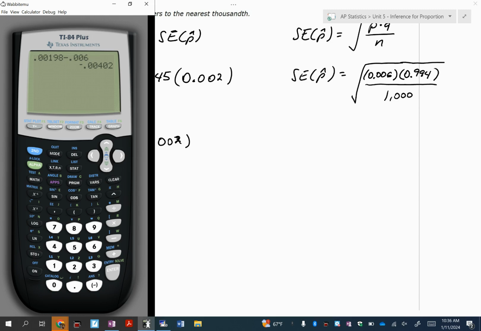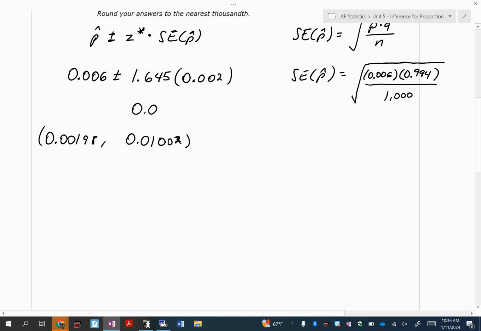So that's why I left a space to put 0.00402. So if I had done all of that multiplying in my calculator, I would have found the same thing. All right, but you can do it. I mentioned this yesterday. It frustrates me that it doesn't give you that number. But you can find it. If you take one of the pieces of your interval, either your first one or your second one, and subtract the p hat, you'll find it.